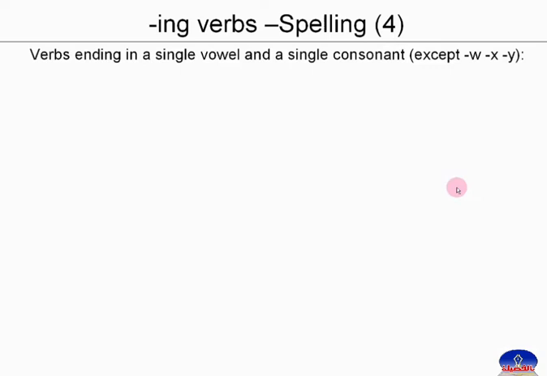Now, a similar rule, again, verbs ending in a single vowel and a single consonant, except W, X and Y. But this time, the verbs we are looking at have two syllables, so they have two parts, two sounds to the verb.